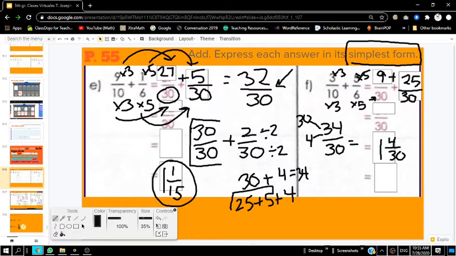Now I can divide both 4 and 30 by the same number to get an even simpler fraction. Let's try 2. 4 divided by 2 equals 2. And 30 divided by 2 equals 15. But I can't forget to put my whole number in my answer, 1. So my answer is 1 and 2/15.